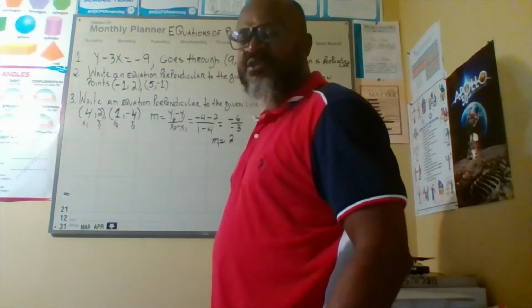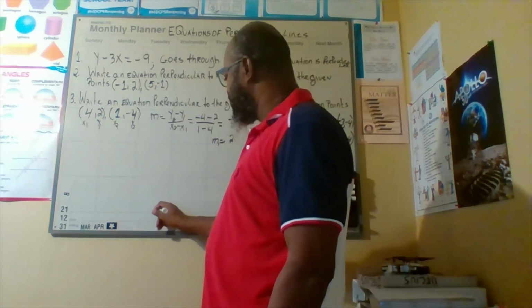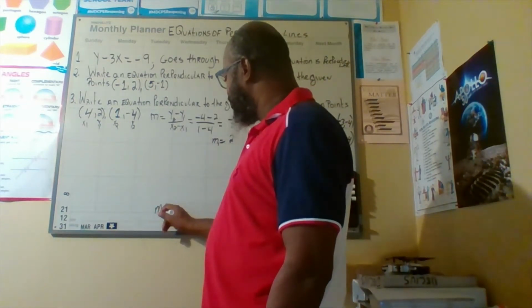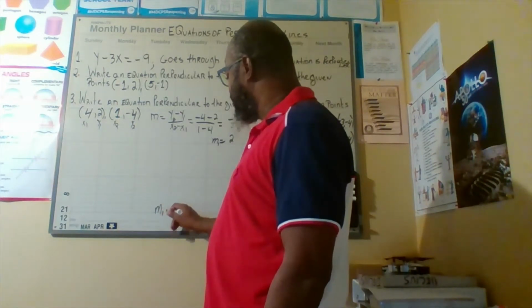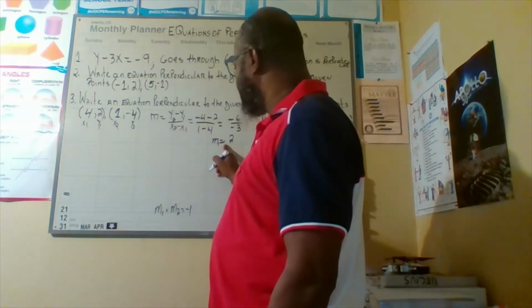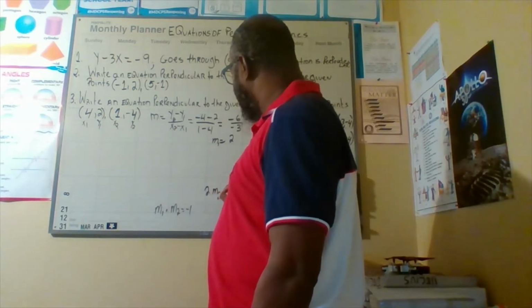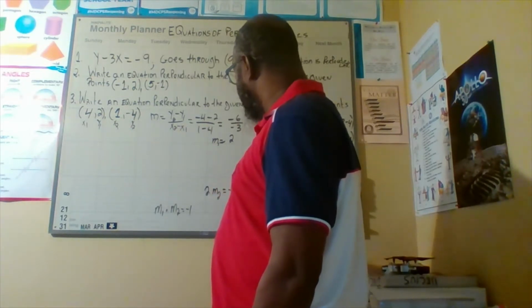You cannot use that slope. If you use that slope, it will be parallel. So in this case, we're going to use the formula m2 times m1 equals negative 1. Here m1 is 2, so we have 2 times m2 equals negative 1.